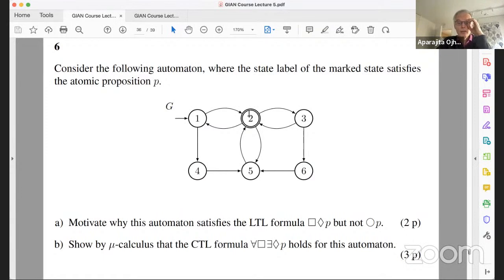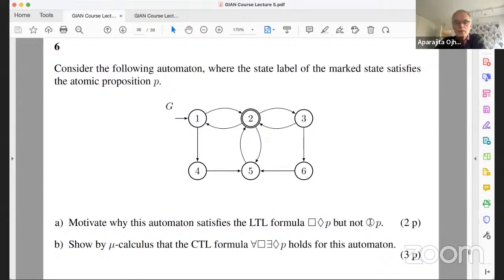So yes, wherever you are, you will be able to go back to this state, and there is no individual sequence where you can avoid passing state 2. So you can guarantee that always, eventually, or repetitively, infinitely often, you will reach that state 2.